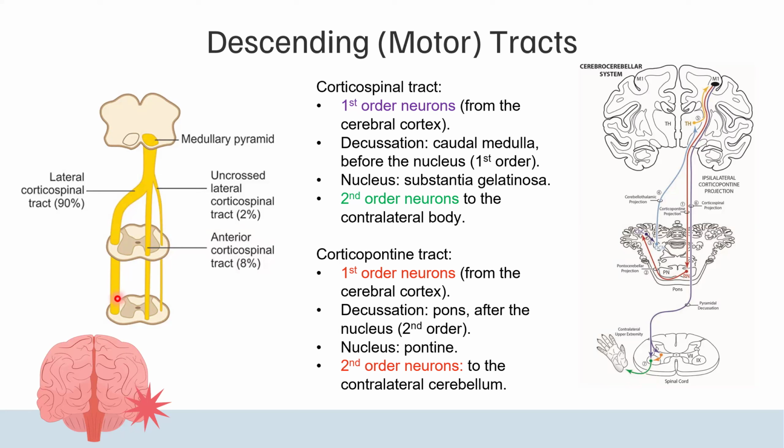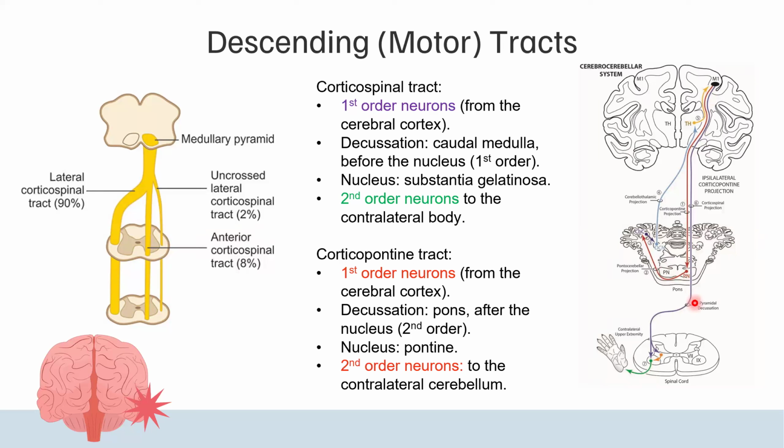It is within the spinal cord, within the substantia gelatinosa, that it has another synapse where it's going to move into the second order neuron. And you guys can see that here in this graph where we have this purple here that comes down all the way straight until we reach the medulla.